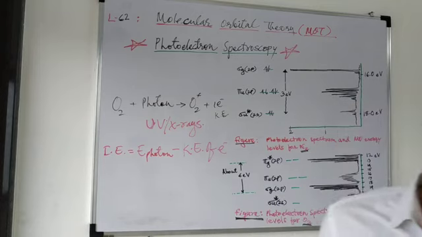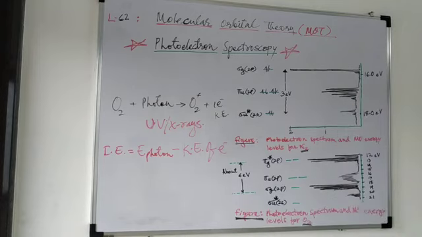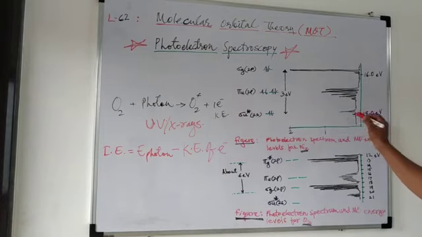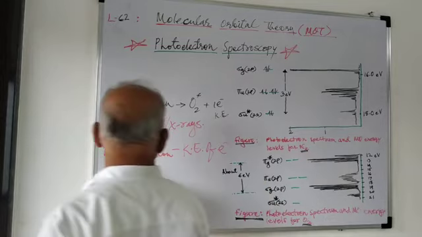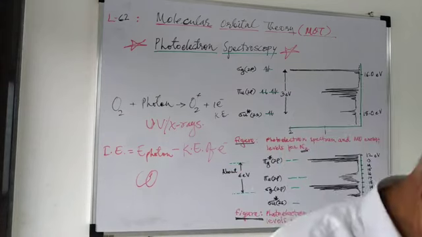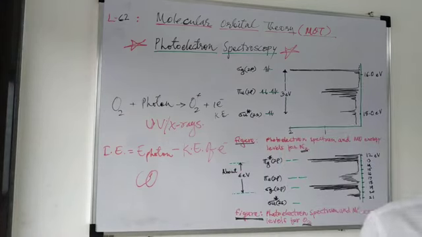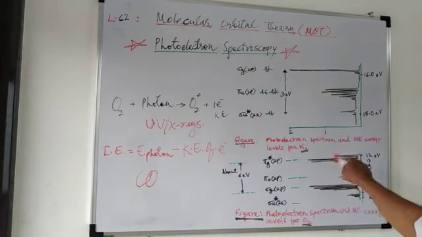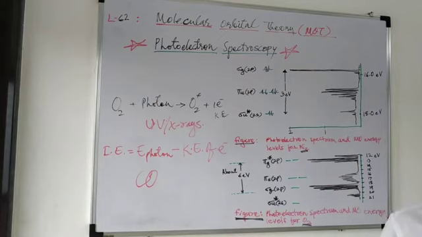So the peaks are also obtained in case of other molecules like carbon monoxide. The carbon monoxide molecule also has the same type of pattern in the photoelectron spectrum.